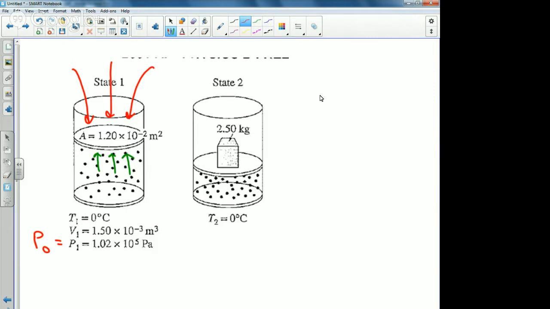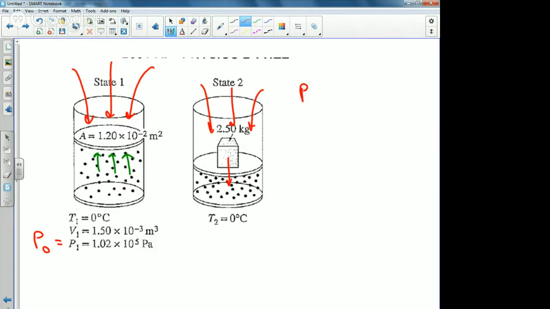So they ask, really, what's the total pressure in state 2? Well, what's pushing down on it? We have air pressure still pushing down, and we have the block pushing down. We know the weight of the block, but is force the same thing as pressure? No. But how do I relate force to pressure?